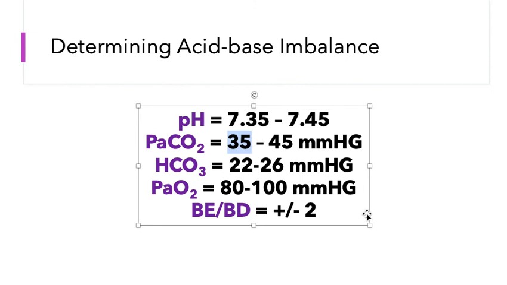And then, of course, your bicarb, it's 22 to 26. And then, of course, you have your PaO2. I'm just using the normal range here that I'm familiar with. It's 80 to 100. I know some organizations might say 90 to 100. I guess to make it very simple, remember 100 millimeters of mercury. And of course, there is the base excess and base deficit. It's either plus or minus 2.